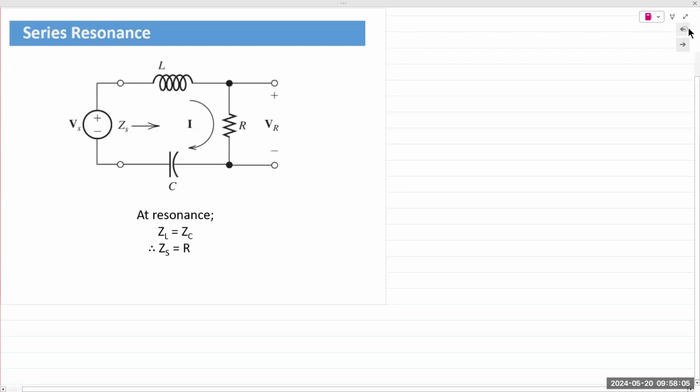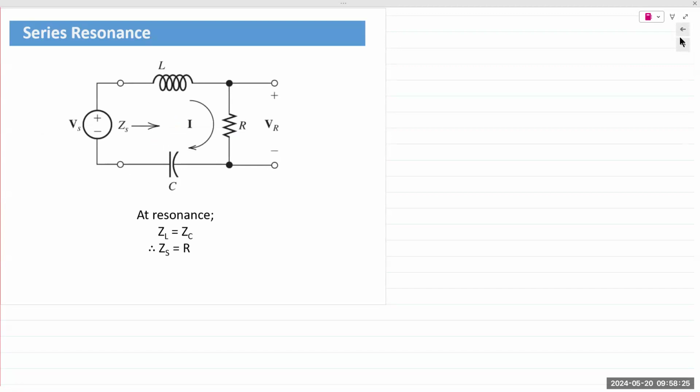These occur when you have two opposing energy storage devices in your circuit, like an inductor and capacitor. Inductors and capacitors are duals and mirrors of each other, right? Impedance for an inductor is plus 90, impedance for a capacitor is minus 90.